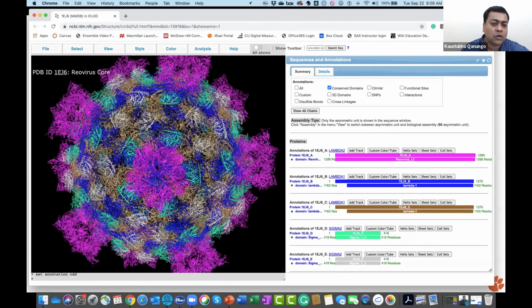This is capped by the sigma 1 protein, completely capped in the intact particle. But when the core is delivered, this opens up, and through it the mRNAs come out. The RNA-dependent RNA polymerase is present at the base, deep inside the core, below this base.